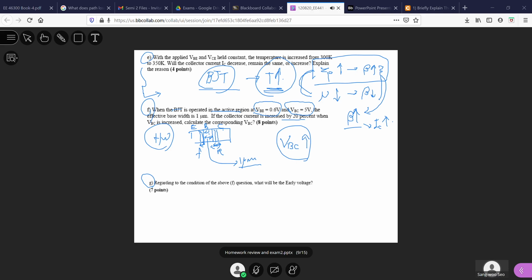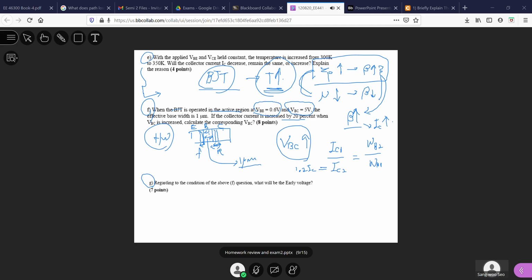Similar to our homework, if you relate to this, let's say the initial collector current and then the new collector current, the ratio will follow the initial base width over the new base width. And in here the new collector current is a 20% increase, which means it is 1.2 IC1.